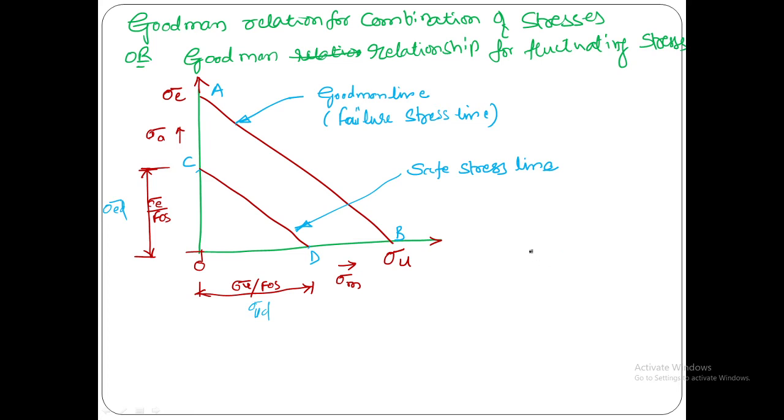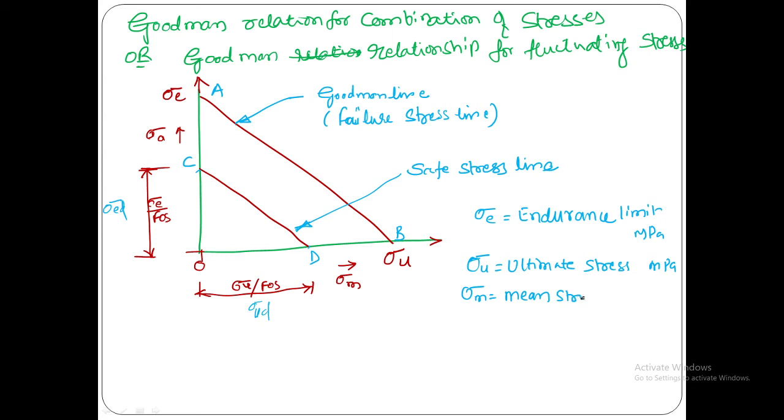Now in this case, sigma e is the endurance limit in megapascal. Sigma u is the ultimate stress in megapascal. Sigma m is the mean stress or average stress.